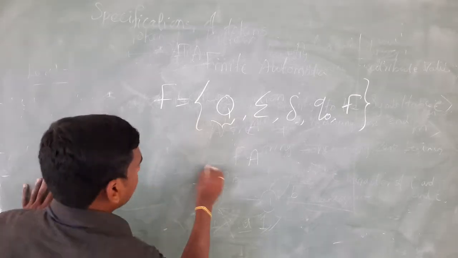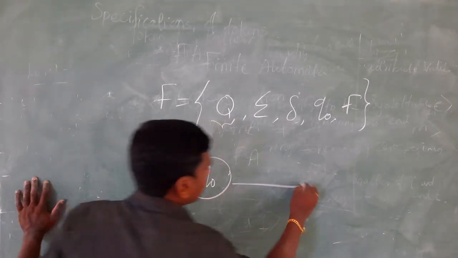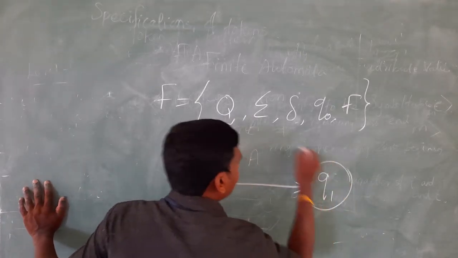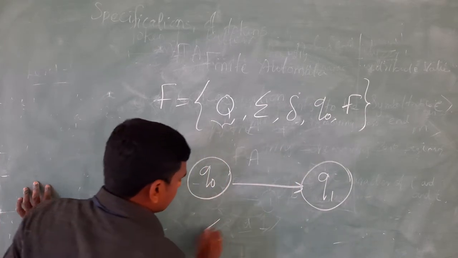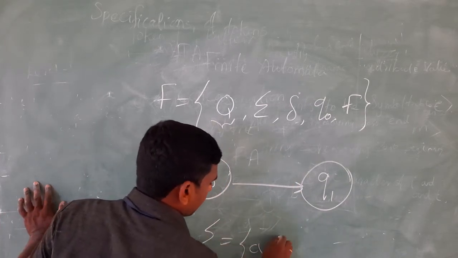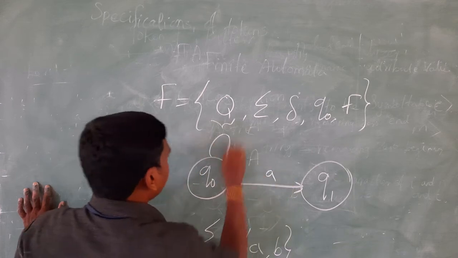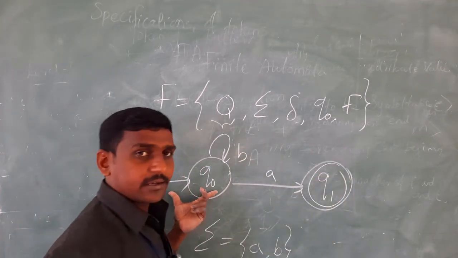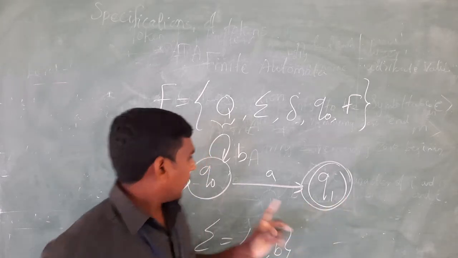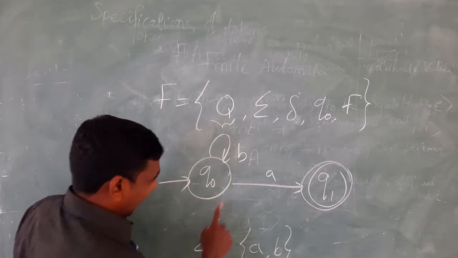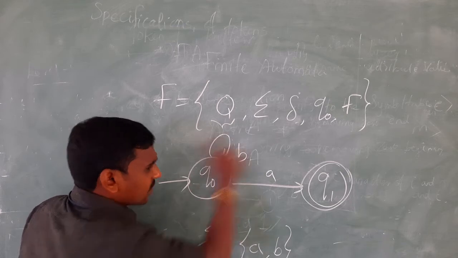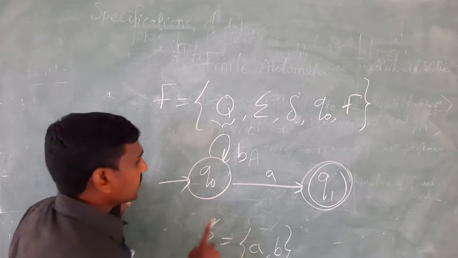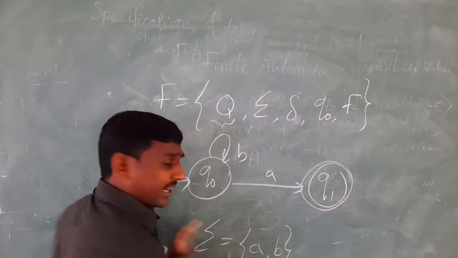Okay, one small example. For example, q0, q1, and the alphabet sigma equal to a comma b, right? A, b, and this is called a starting state. This is an accepting state, and if this is the alphabet a comma b, this is called a finite automata, because capital Q is a finite set of states.